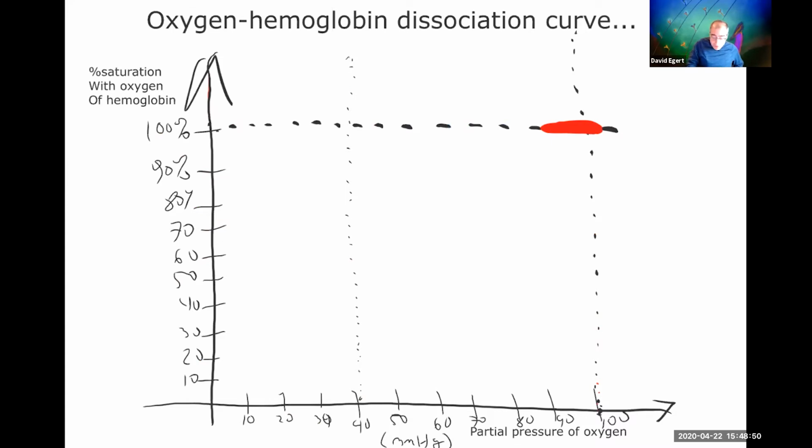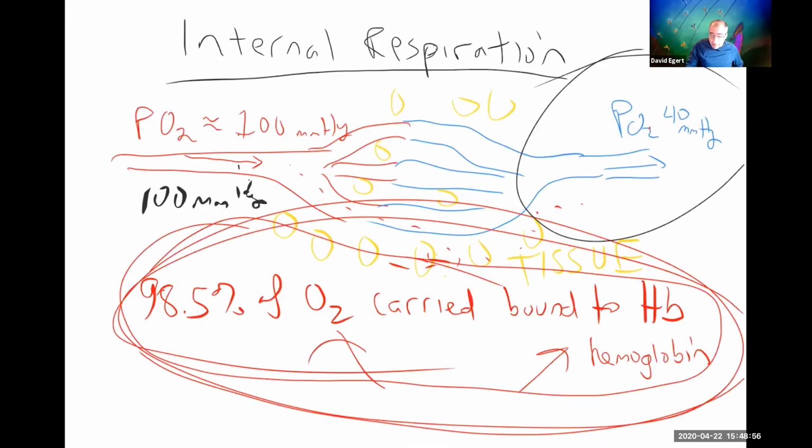If we have 0 millimeters of mercury, it's like if there was 0 out here, pretty much all the oxygen is going to leave and go into the surrounding tissue, right? If you have 0, there's this huge pressure gradient, partial pressure of oxygen, for oxygen to leave the blood and move away.